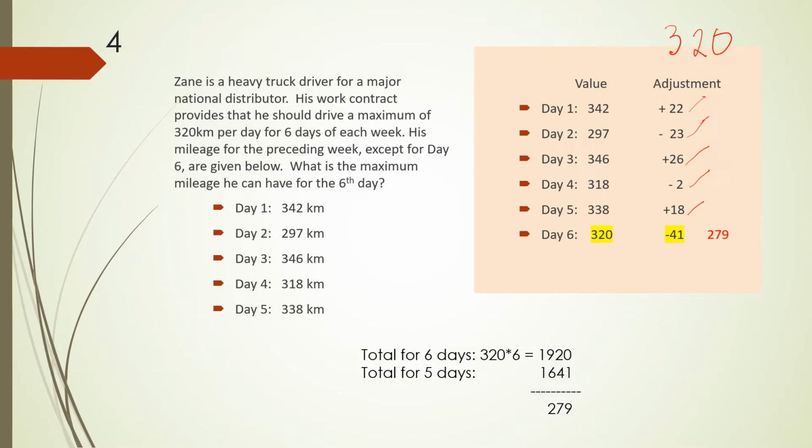And so to compute for the 6th day maximum mileage, we will go with the 320 reference value that we have in there, and then as before we need to adjust the column value to sum up to 0. How do we handle this?